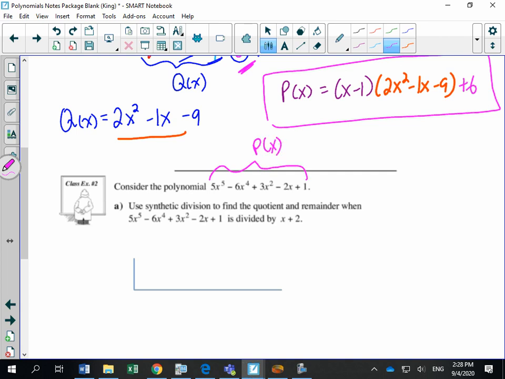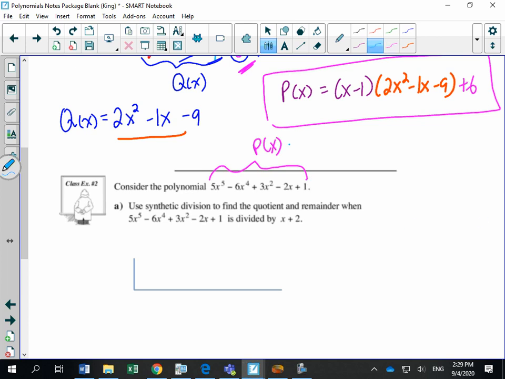Let's make sure it's in descending order of x, and let's check, do we need any zeros as our placeholders? So x to the 5, x to the 4, there is no x to the 3, x to the 2, x to the 1, and our constant. So what that means is I do need a 0 as a placeholder.